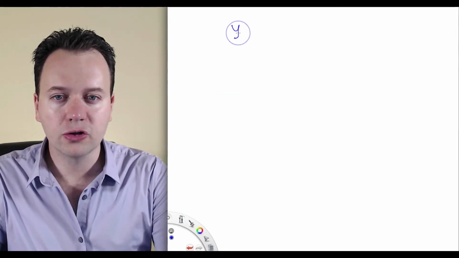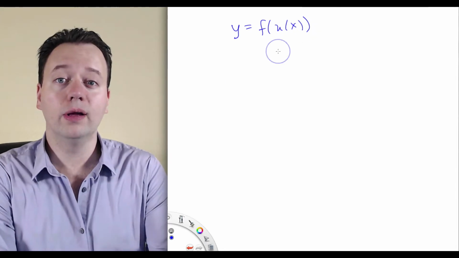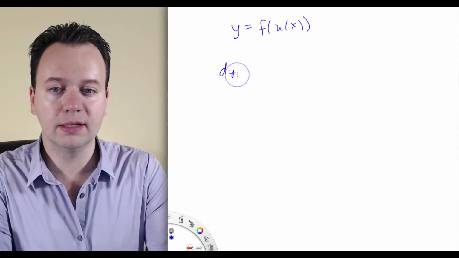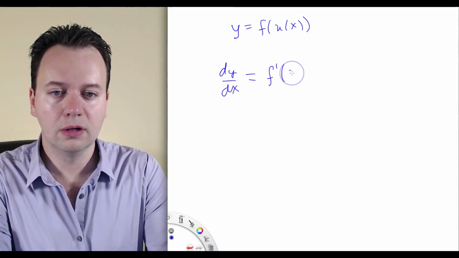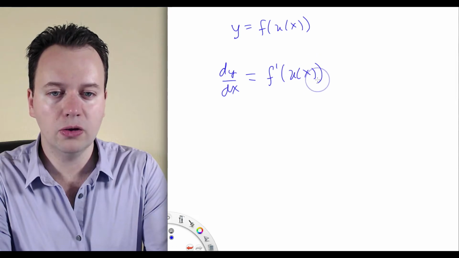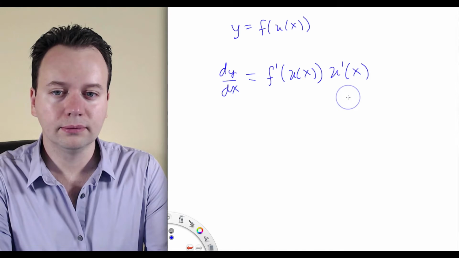If I have a function y is equal to f of u of x, and I want to compute its x derivative, that's dy dx, I start by taking the derivative of f, so it's f prime evaluated at u of x, then I multiply that by u prime of x.